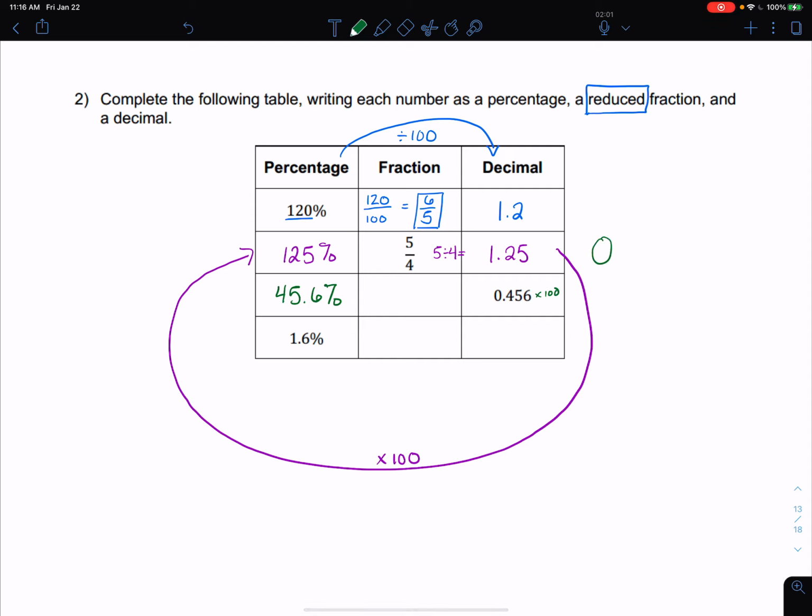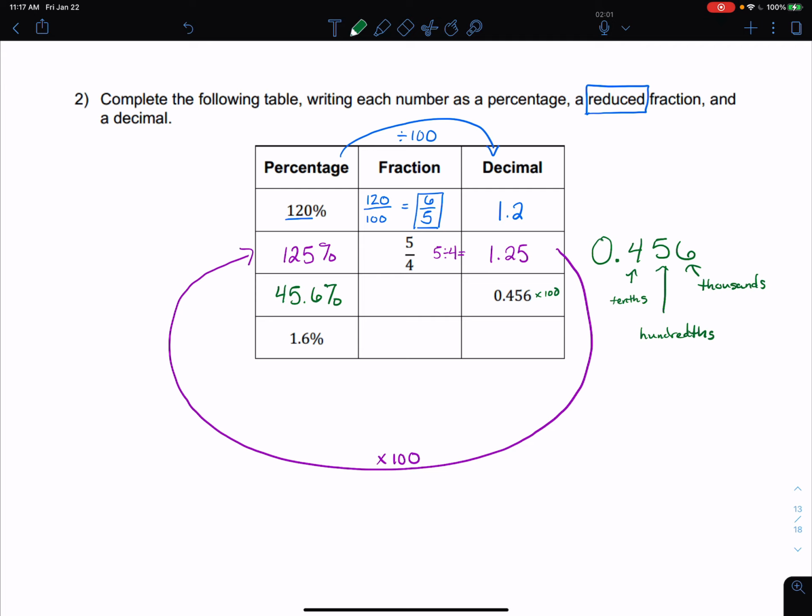If we try to go from this decimal to the fraction, what we can do is use our place values. So remember, if we have this 0.456, the 4 is in the tenths place, the 5 is in the hundredths place, and the 6 is in the thousandths place. So if I wanted to read this correctly using my place values, I would read it as 456 thousandths.